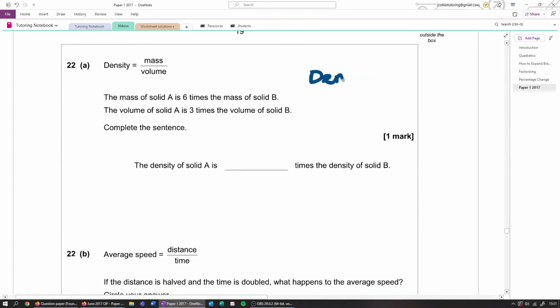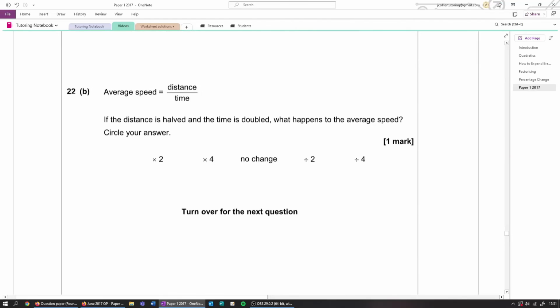Density, well, we know it's 6 times more mass, so 6 is on the top, and the volume is 3 times more, and then 6 divided by 3 is 2, so we just get 2.